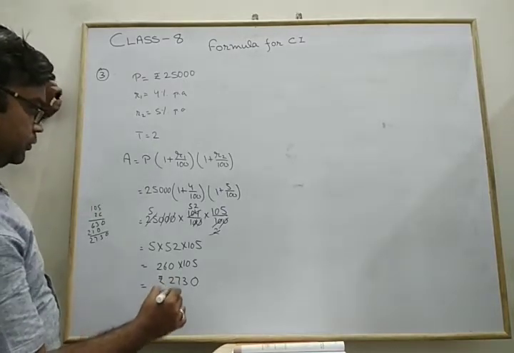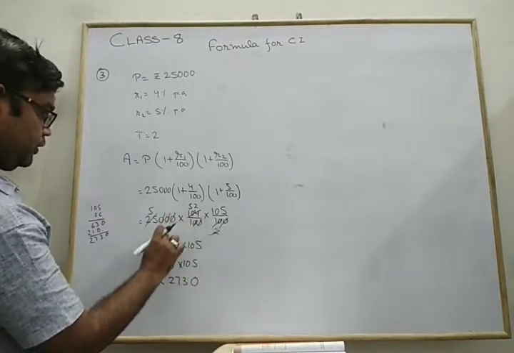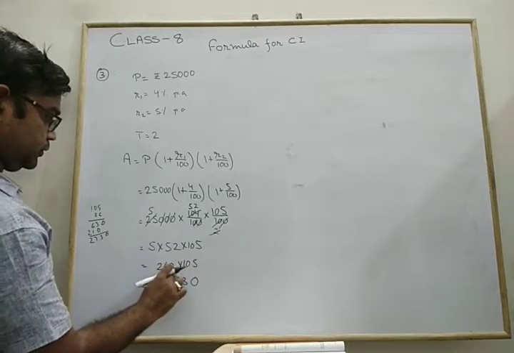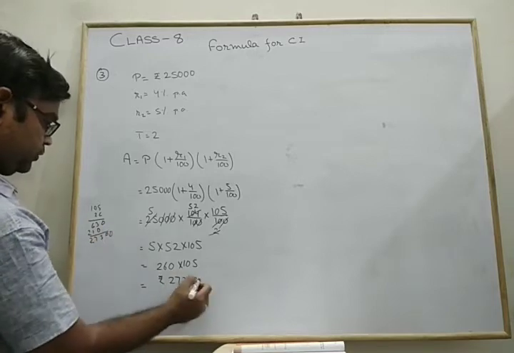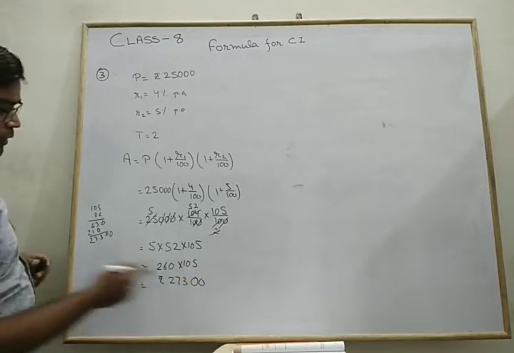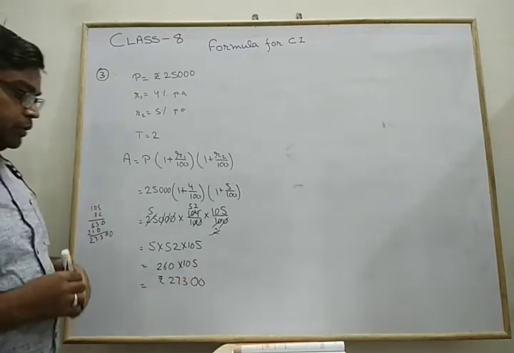Something is wrong. One more zero is there. 27,300. This is your solution of question number 3.